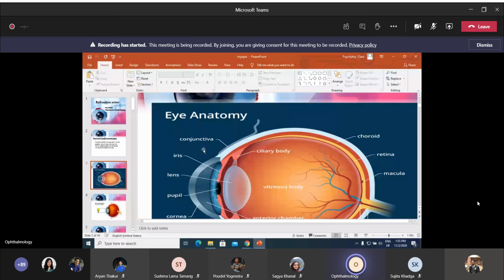What I want to tell you is that the axial length is from the posterior part of the cornea to the anterior part of the retina. This distance is called the axial length. In the normal state of the eyeball, or if a patient's vision is 6/6, he or she has a total axial length of 24 millimeter.